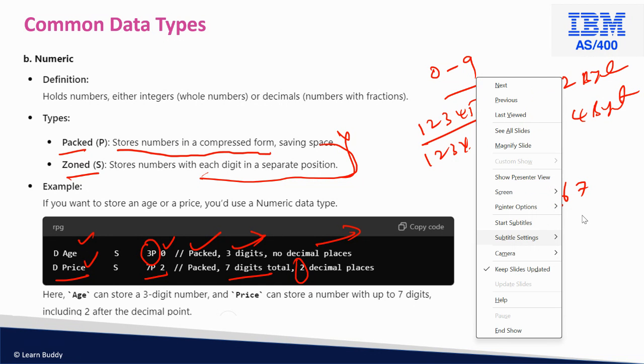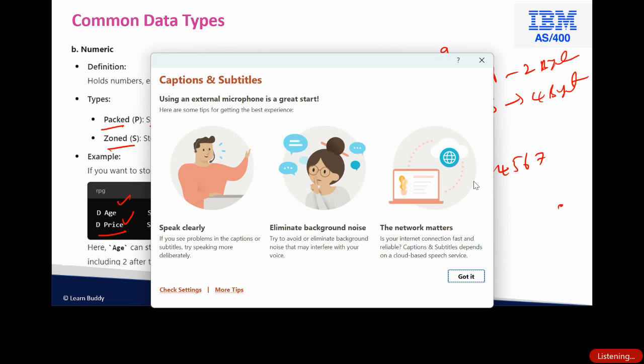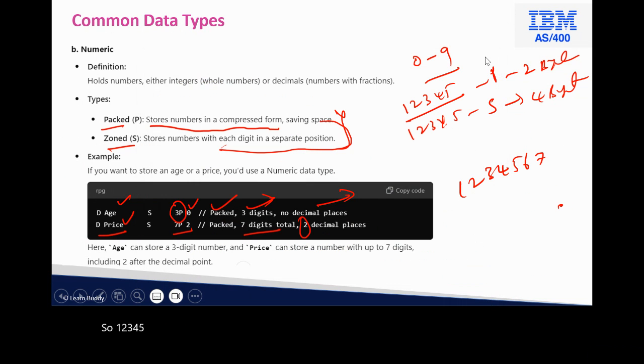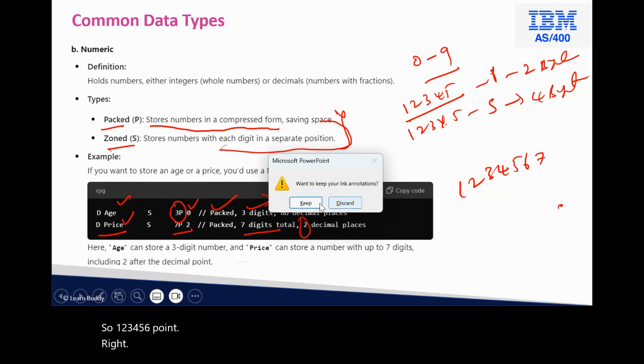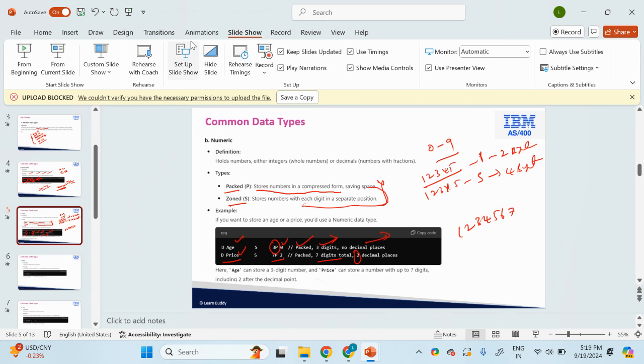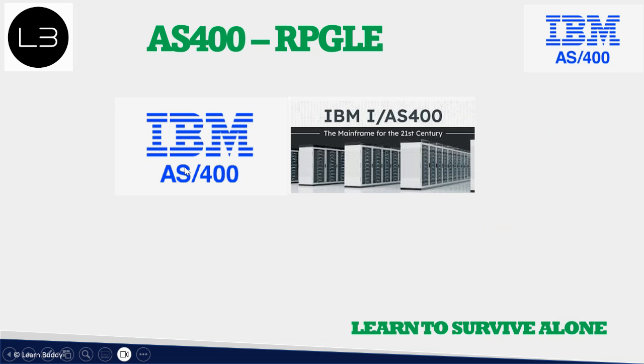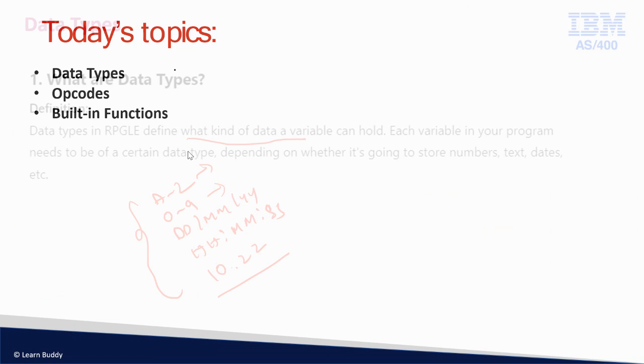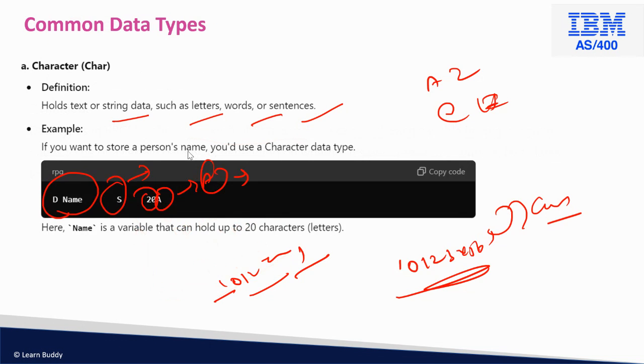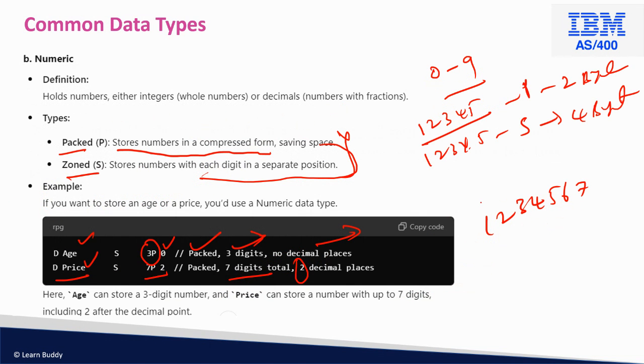Sorry guys, the value will be 12345.67. So this is the numeric data type.